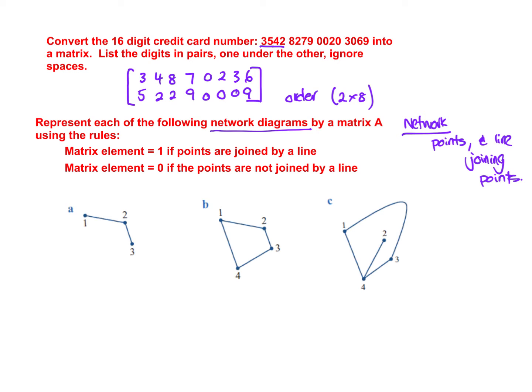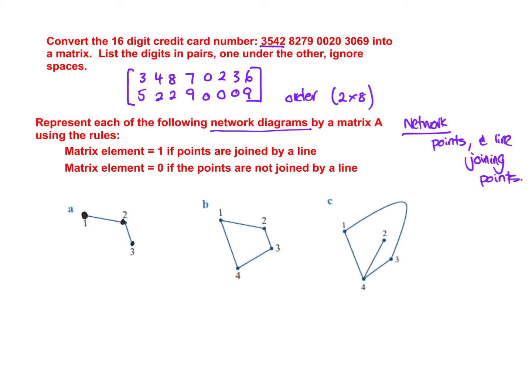So here we're going to say if there's a line between 2 points, we're going to put a 1. If there's no line between them, we're going to put a 0. This is when we create our matrix. When we create a matrix of a network diagram, the number of points is the number of rows and columns you're going to have.